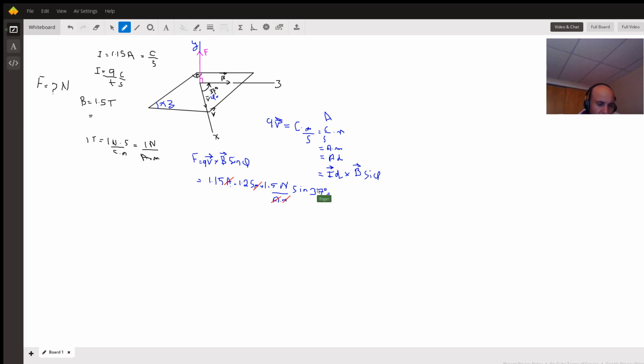I got 1.297. I'm going to call it 1.3 Newtons. 1.3 Newton, direction up and perpendicular to the XZ plane. Okay, I believe that is your answer for this question.